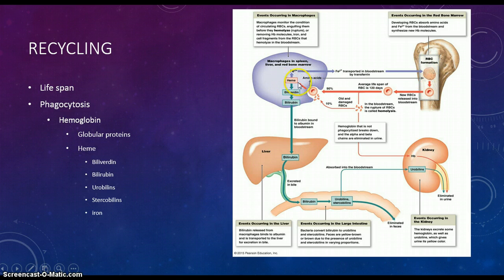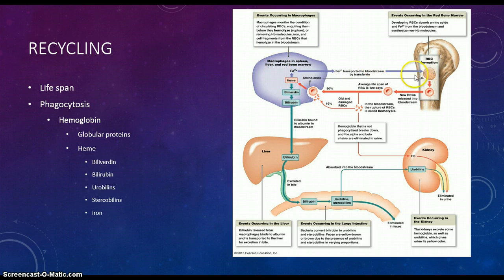Now the remaining parts of the heme unit undergo chemical changes. First, it's a green pigment called biliverdin, and from there it becomes bilirubin. Bilirubin is usually pretty familiar to all of us because of jaundice, usually associated with liver diseases of some kind, as well as newborns who have a little difficulty digesting certain proteins. Bilirubin is a yellow pigment.